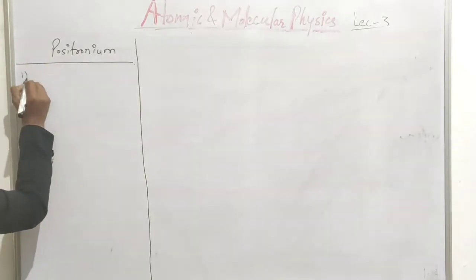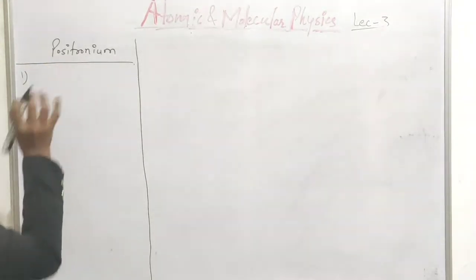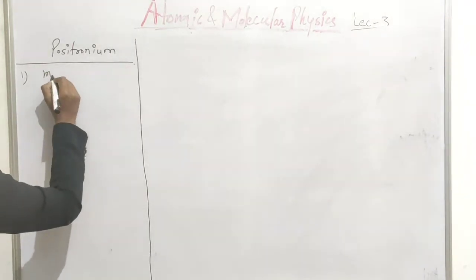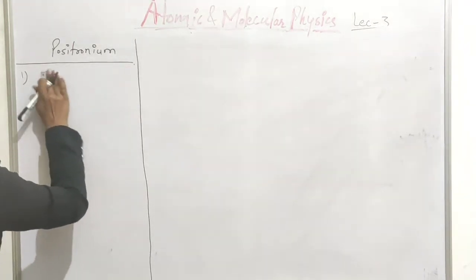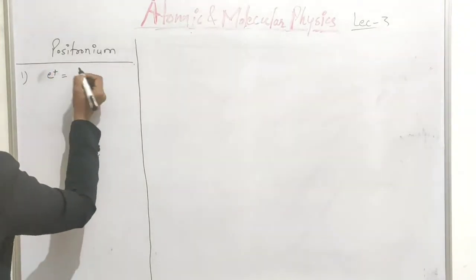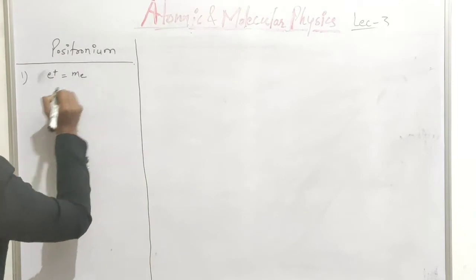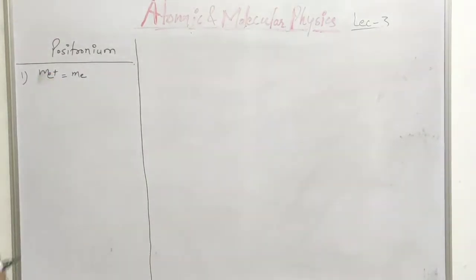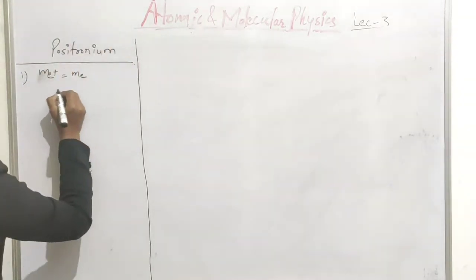First, we will make the system. So first the positron, mass of positron. You know that the positron is represented as e plus. So mass of positron is equal to mass of electron. You know what the mass of electron is.